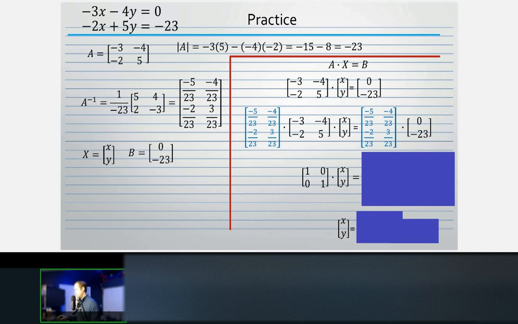And remember, I better use a different color besides blue. Maybe use green. So remember, it's the row times the column, right? And this is a 2 by 2 times a 2 by 1.